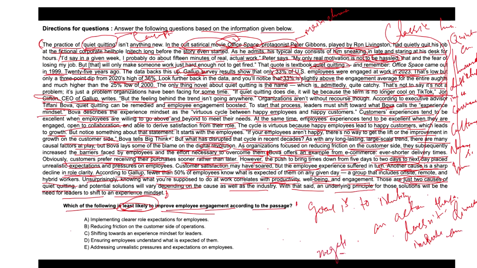Now let's look into each and every option and try to find out which option comes with the answer. As you know, five options are provided in each question that you meet in a GMAT. So the first option stated what?